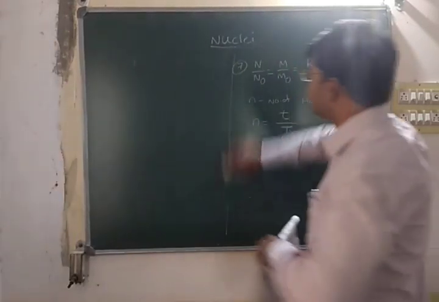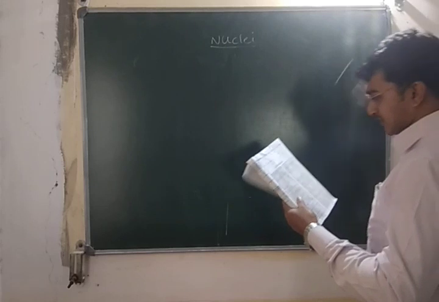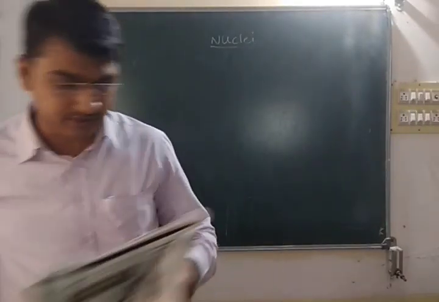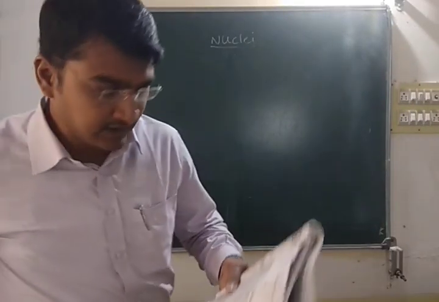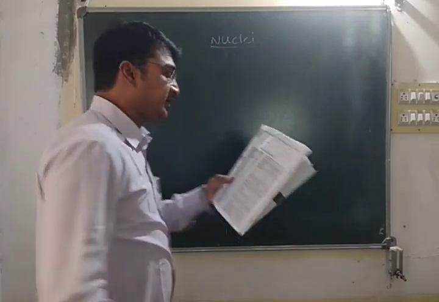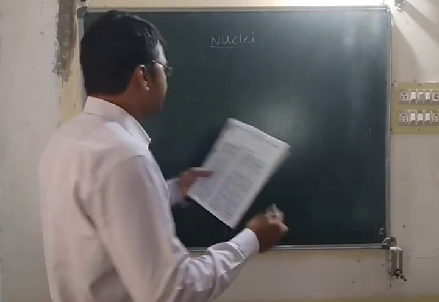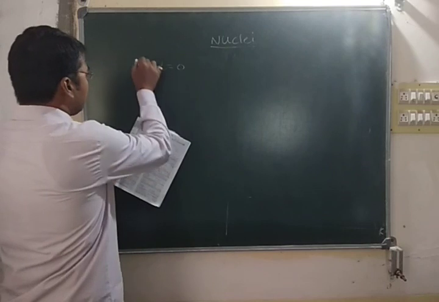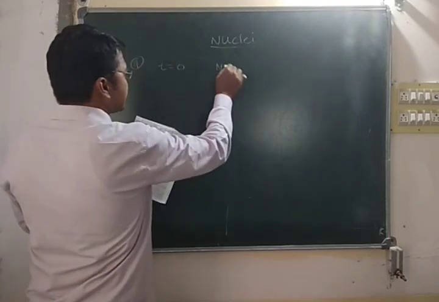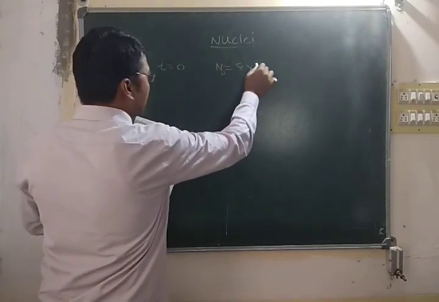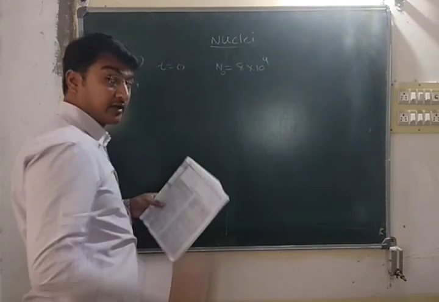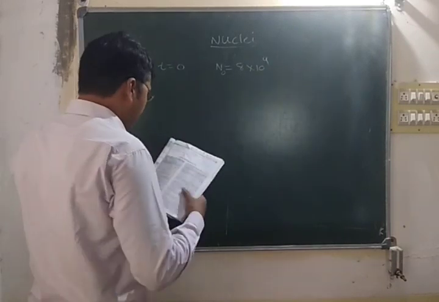Now coming to the first question. In a radioactive substance at t equal to 0, the number of atoms N naught is equal to 8 into 10 to the power of 4. That is the N naught value starting at t equal to 0.